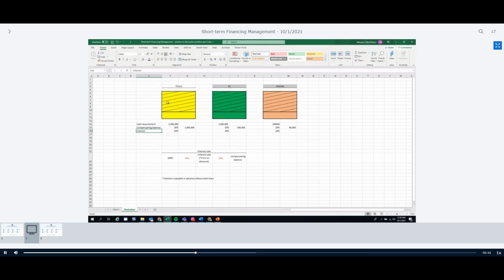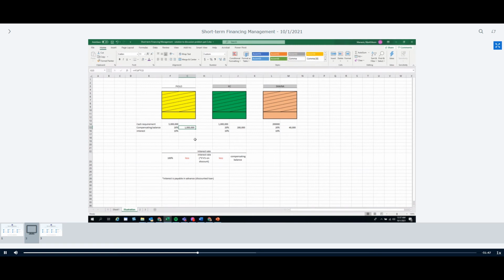Question, kanina, tinanong ko na rin to, who owns this 20%? So in this case, who owns 1 million pesos? Again, it's still Piolo. However, it is restricted. So dahil nga restricted siya, it will remain in the bank, in the account of Piolo in the bank.